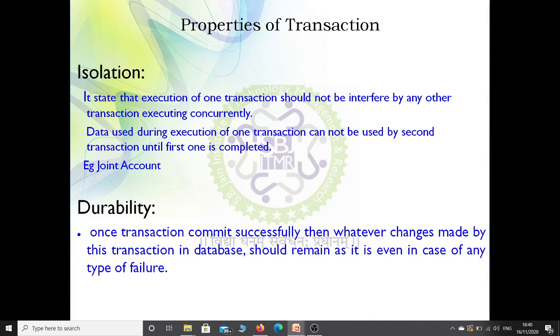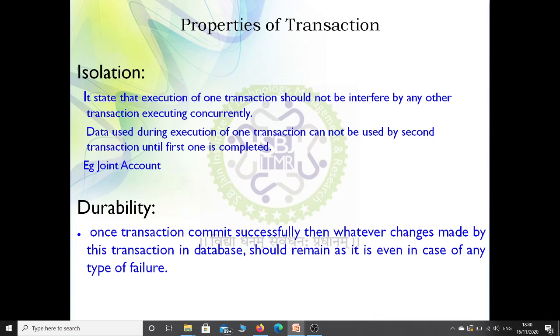Physically you are isolated because nobody is there. But in scenario 2, 8 trial rooms are already filled and you are going to use trial room number 9. So this is logical isolation. Physically 8 people are already there, but they are separated. It means the execution of one task should not be interfered with by another.